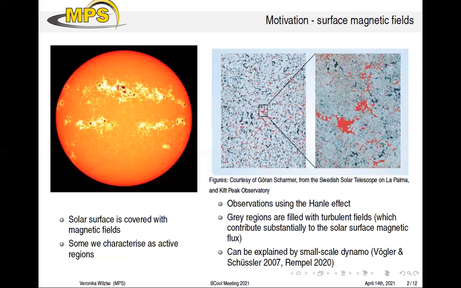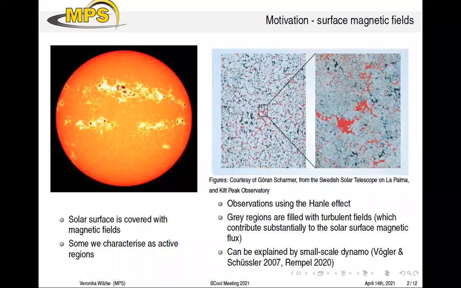However, if we look at regions that we actually claim to be quiet regions of the sun, and we look closer, we see that they're actually also full of small scale magnetic fields. On the right, you can see a picture where the Hanle effect was used, and it was observed that even all the quiet regions in between have small scale magnetic fields.